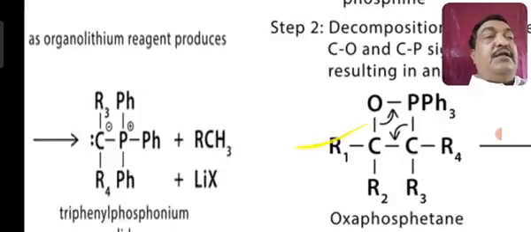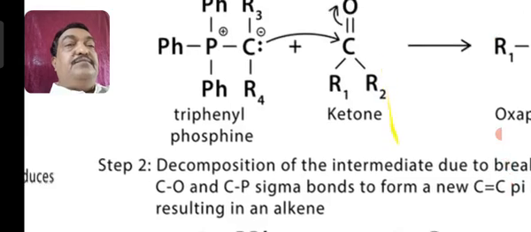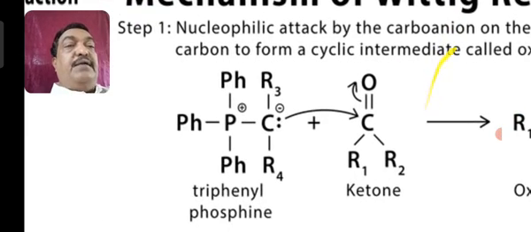Now you can see this mechanism. The mechanism I have already explained, but here is the nucleophilic attack: the carbon containing the lone pair of electrons on the ylide itself acts as a nucleophile, attacks the central carbon of the ketone, and the C double bond O shifts.